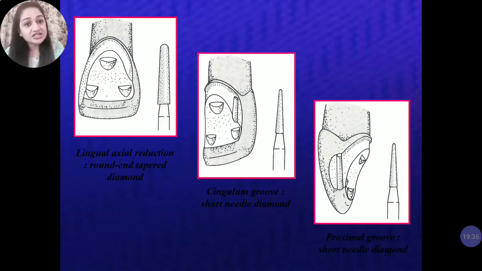The lingual axial reduction is done using a round and tapered diamond bur as shown in the first upper photo. Then the cingulum groove is made using a short needle diamond bur. This also aids in additional retention and stability. And then one more proximal groove is made on the opposite proximal side using the same short needle tapered diamond bur.